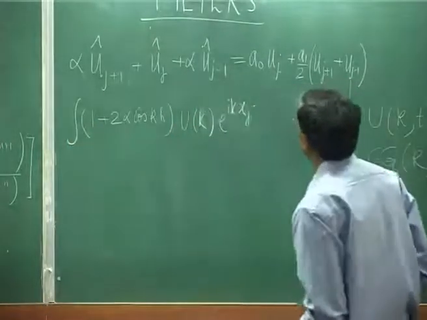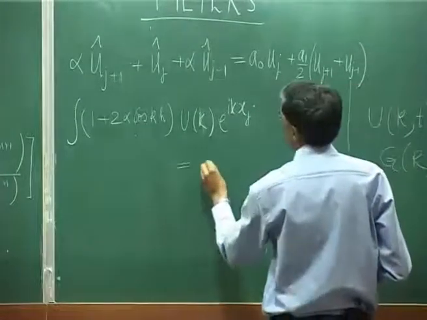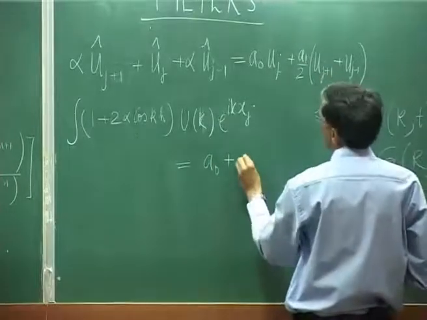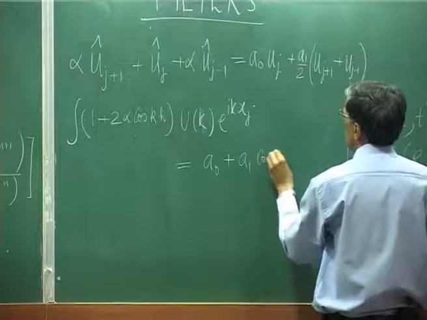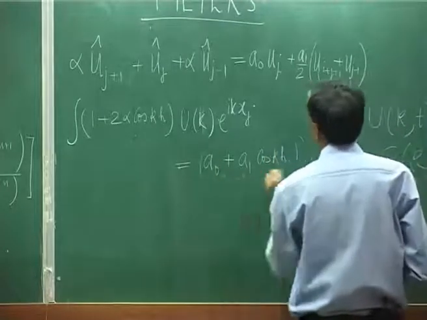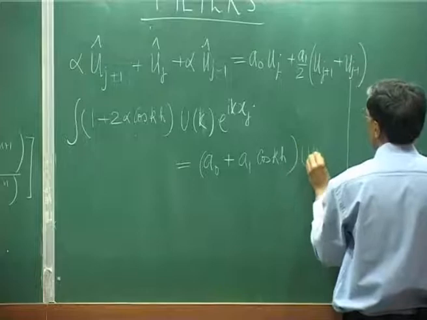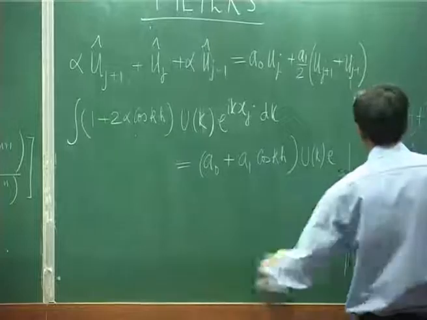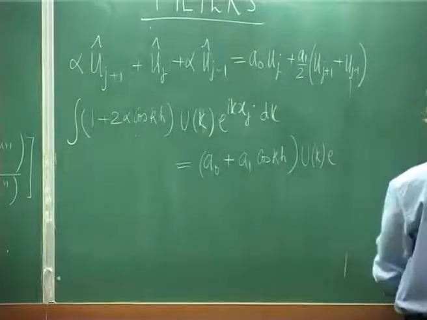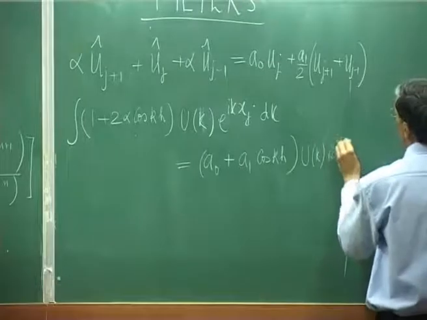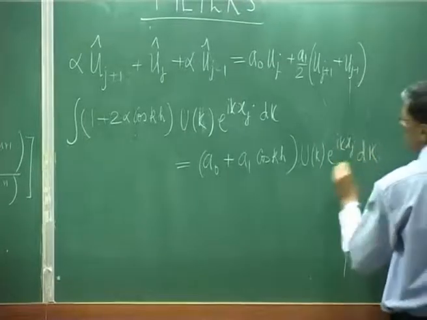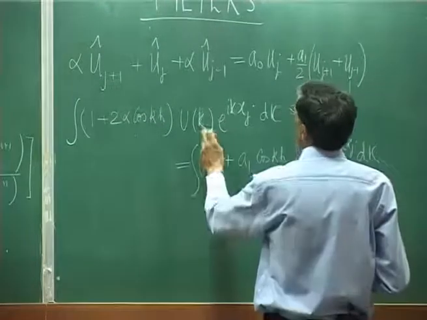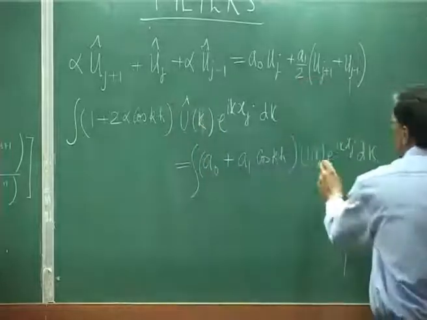This should be equal to, on this side we will have a0 plus, if I do the same again, I am going to get a1 cos kh. Okay, and that will be again u of k. This also would be evaluated at the same node, and this is what we get. Basically this is our u hat and this is u.